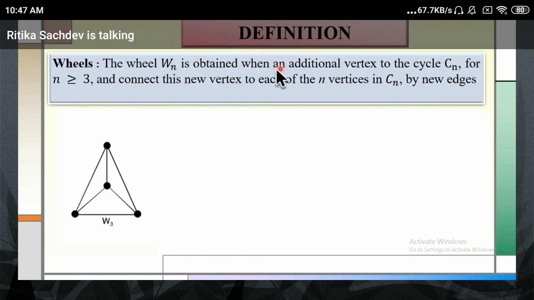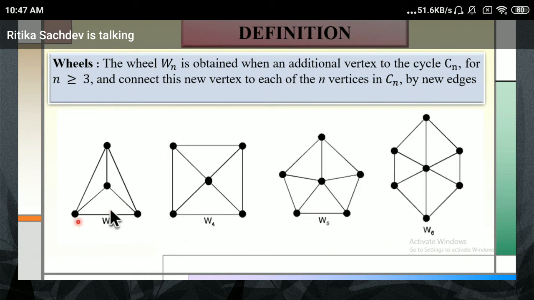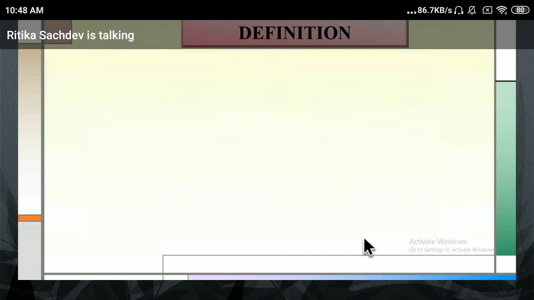So the wheel Wn is obtained by adding an additional vertex to the cycle Cn for n greater than or equal to 3 and connecting this new vertex to each of the n vertices in Cn by new edges. So that becomes W3. Similarly, for W4, W5 and W6, we added one vertex in the center and then connected it to all the remaining vertices. We had seen these wheels earlier.